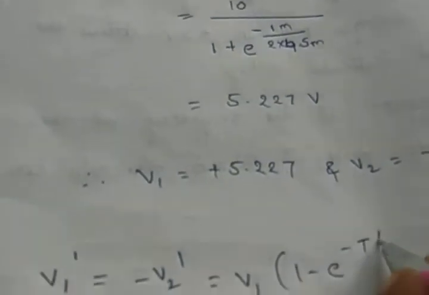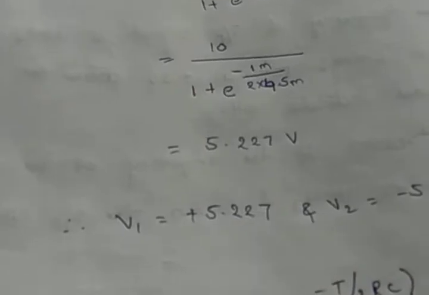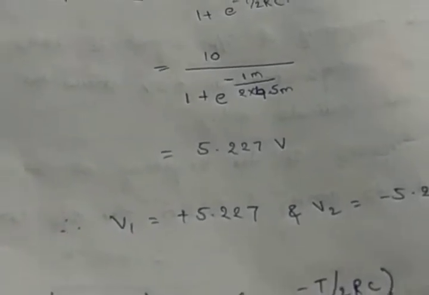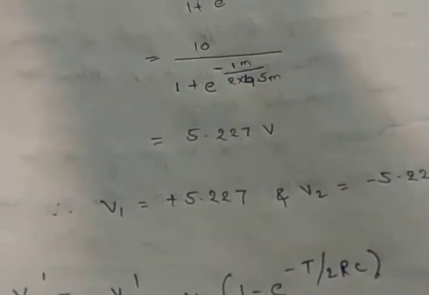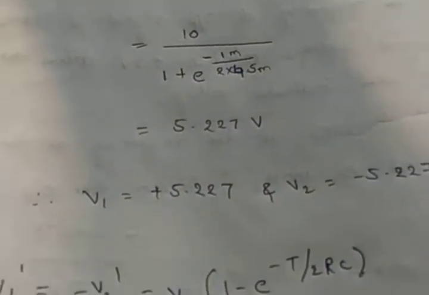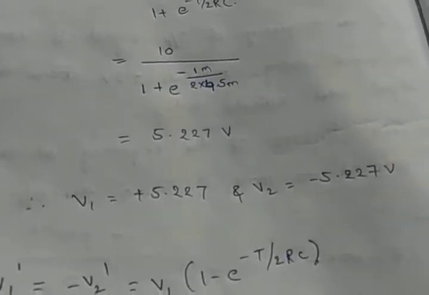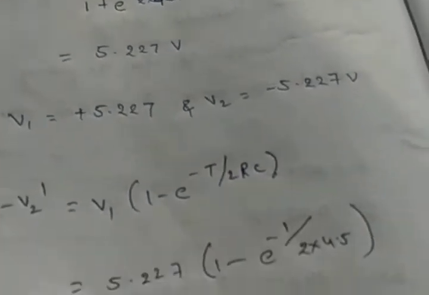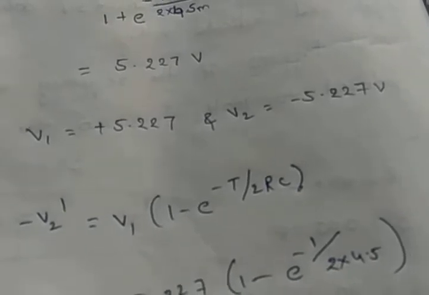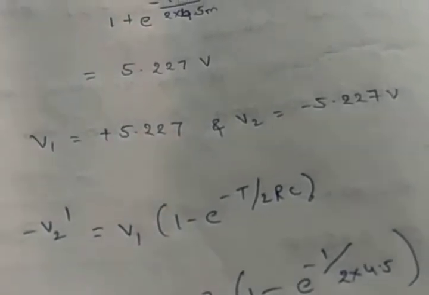And now we have to calculate the value of V1 dash and V2 dash. V1 dash which is equal to minus V2 dash is V1 into 1 minus e power minus T by 2RC, which equals 5.227 into 1 minus e power minus 1 divided by 2 into 4.5. By that we get 0.554 volts.